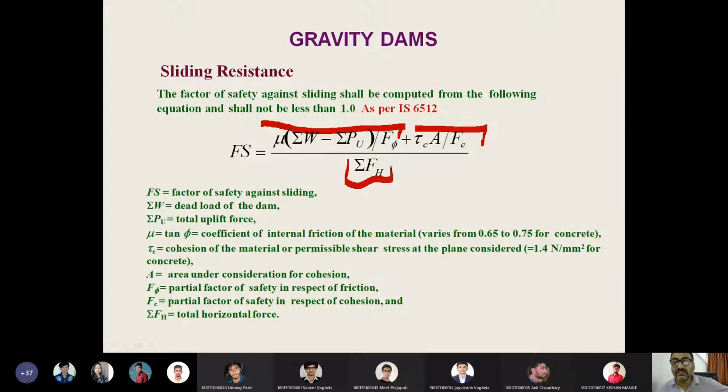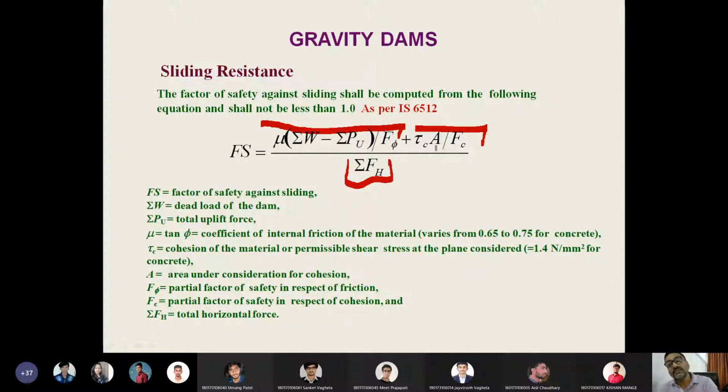They are causing the sliding. Certain forces, like tailwater, have negative values, so we take the summation of all positive and negative, and the net horizontal forces are considered here for calculation. Now to understand this, we need to calculate all these values and place them.